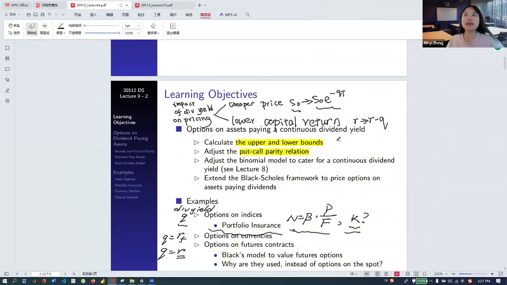the S0. Now the capital return, since in the binomial model we care about the capital return, we don't care about the total return.